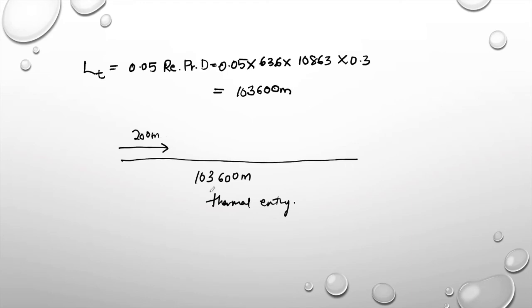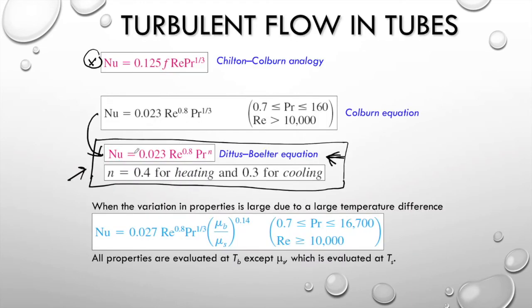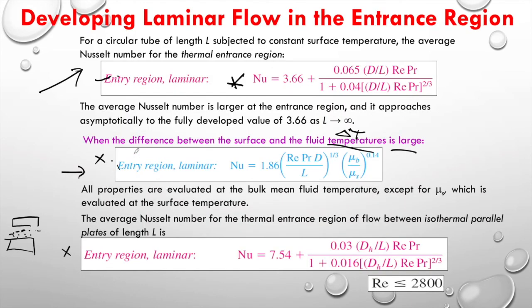So the total length of your pipeline falls under the thermal entry region. Therefore, this is developing laminar flow in the entrance region.